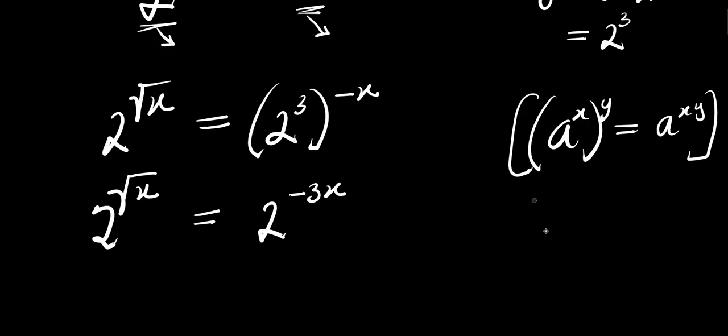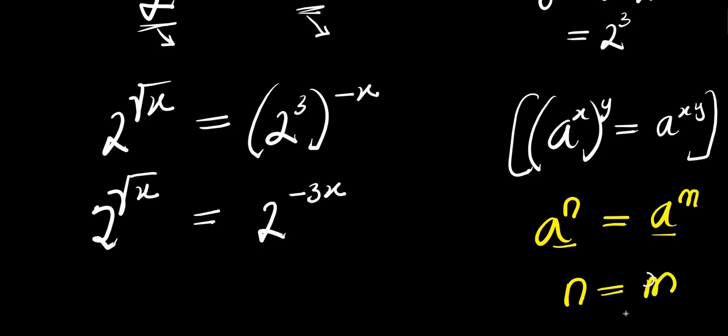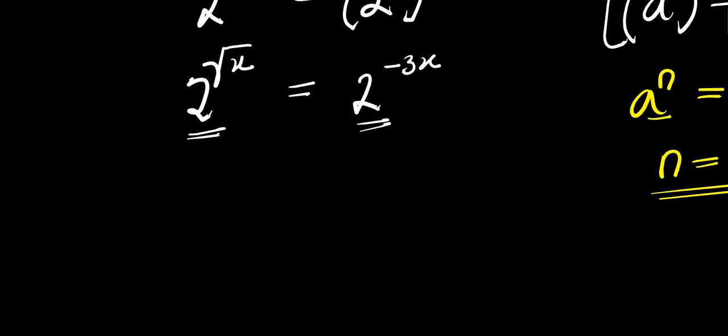Now, if you have a power n equals a power m, and the bases are the same, meaning n equals m. So right now, these two bases are the same. We now have square root of x equals negative 3x.